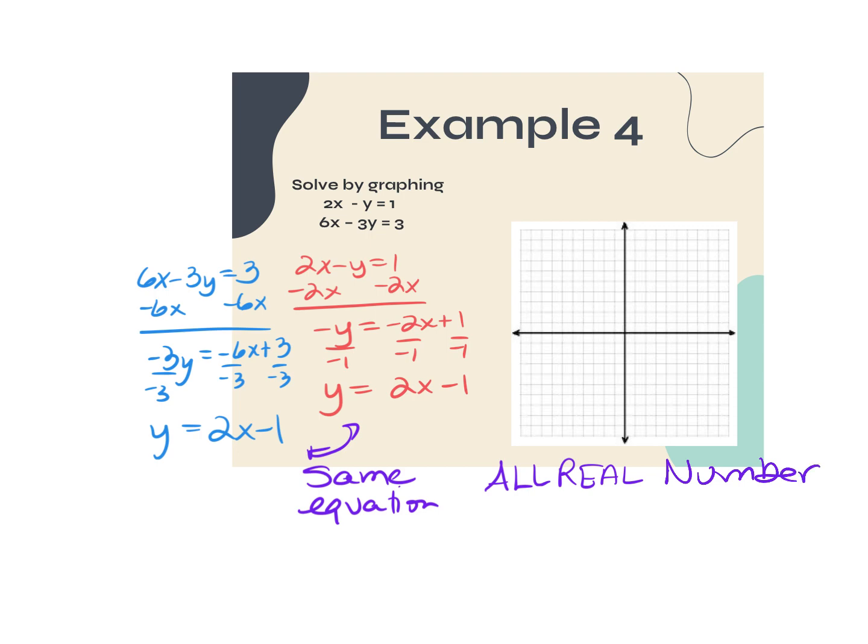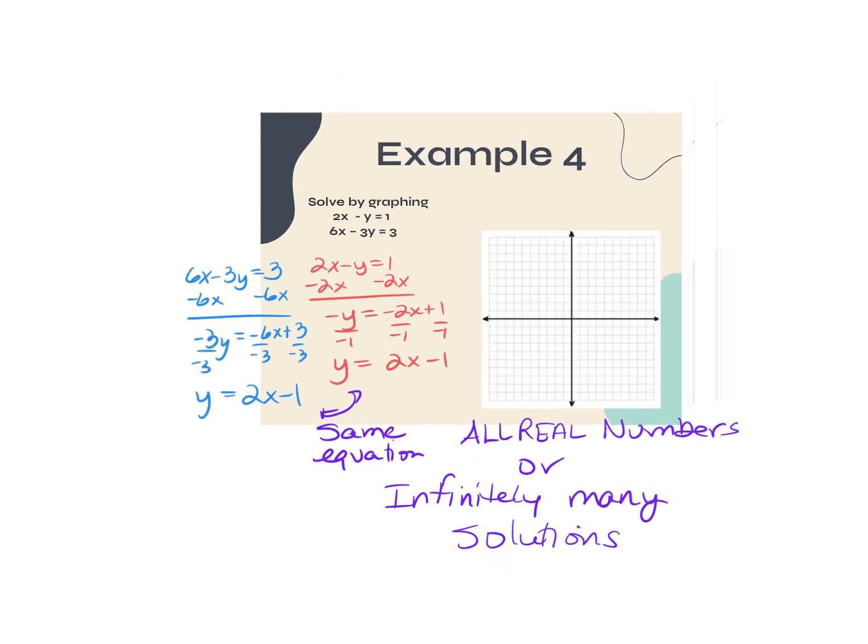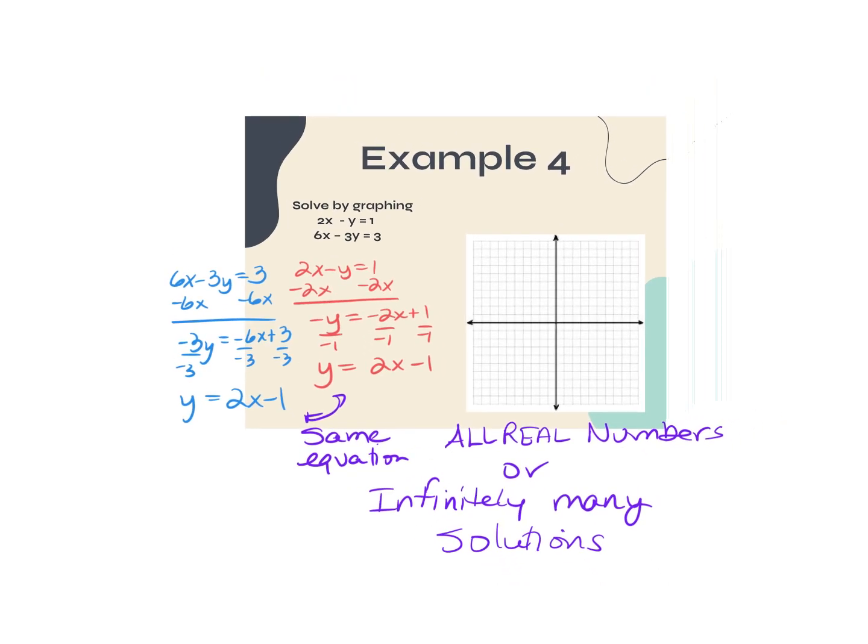Now, again, some Algebra 1 courses say that it's infinitely many solutions. Either way, when we cover all real numbers in Algebra 2, you're going to be learning something called interval notation.